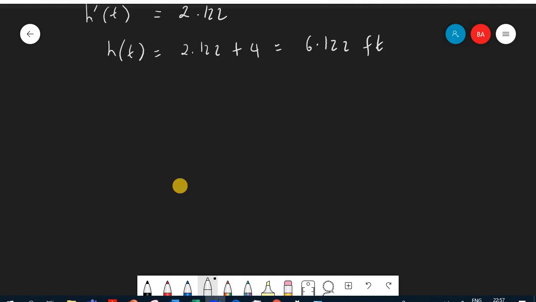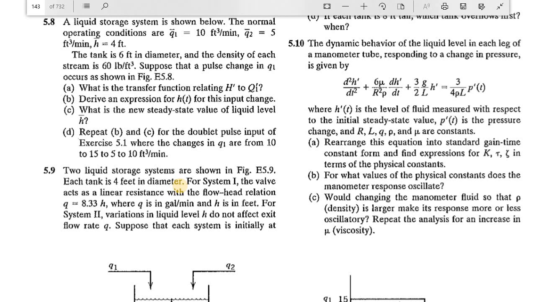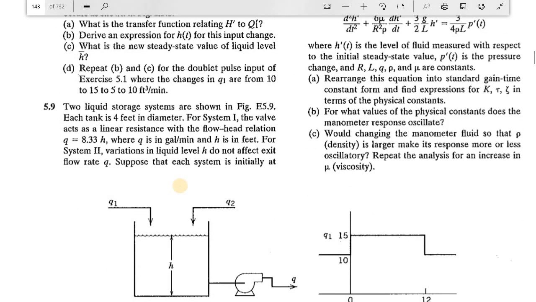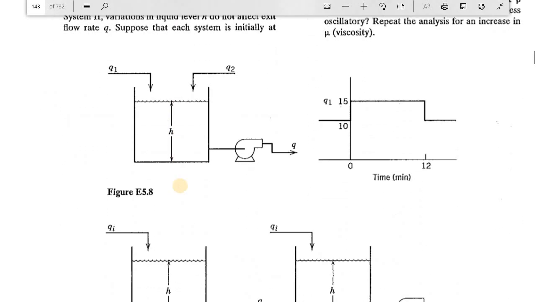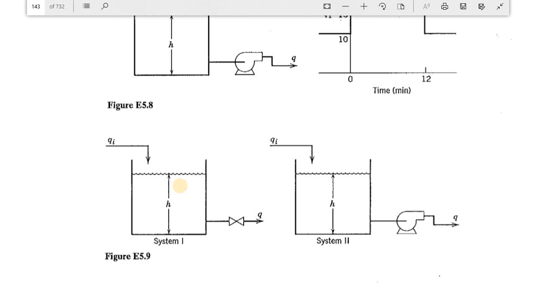Okay, so we are going to continue to solve problem 5.9. Two liquid storage systems are shown in figure E5.9. I think I solved something very similar to that, but that's okay.